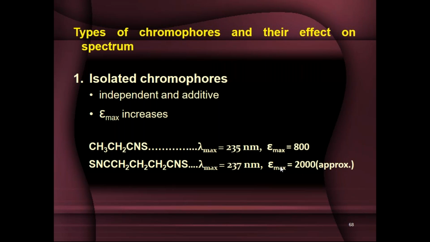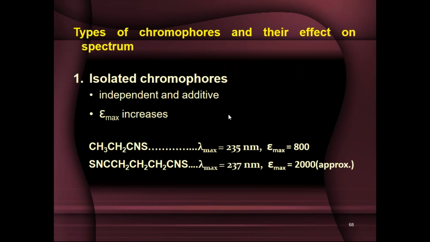Epsilon max signifies the intensity of absorption. And therefore, you can see here, because you have two similar chromophores compared to the first molecule, you have more than double the epsilon max. That is why it was told it is additive. It is independent because each of these absorbs at around 235 nanometers, and that's why the peak is obtained at 235 only.